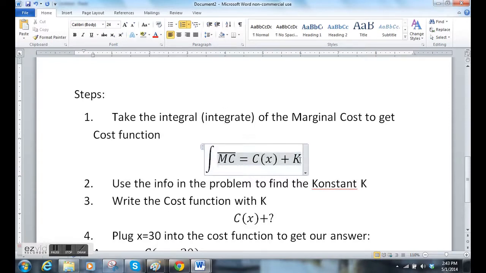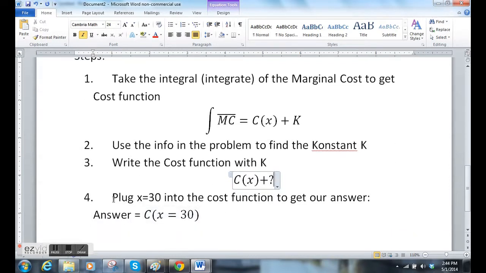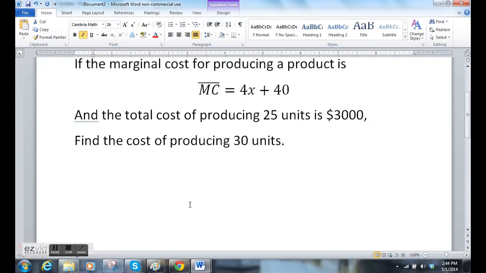We have to use a k now because c stands for the cost function. Step 2 is we use the information in the problem to find this constant, k, so we have to solve for k. Step 3 is to rewrite the cost function using that k, so make sure you plug the k back in. The final step is to plug x equals 30 into the cost function to get our answer, because the question says find the cost of producing 30 units.